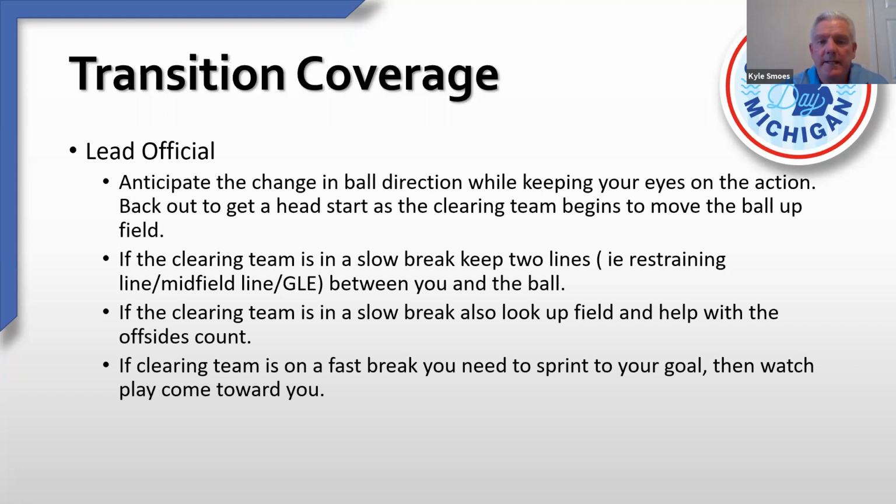You want to anticipate that change, but before you do anything, you want to make sure that we have a change of possession. You can start backing towards the other goal a few steps in anticipation, but by all means, stay pointed towards that play and know that we have had a possession change.